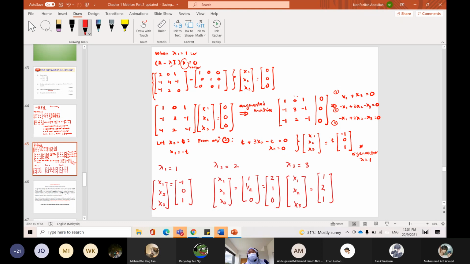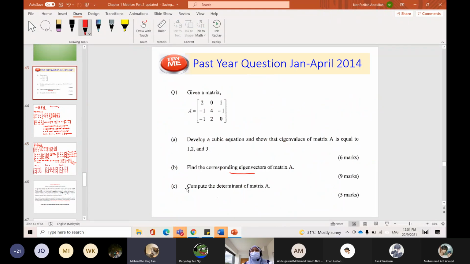Okay, any questions so far for this problem? No, miss. Same answer, right? I hope you can also find the determinant. For those who still don't know how to find the determinant, you may check again in lecture number 1.